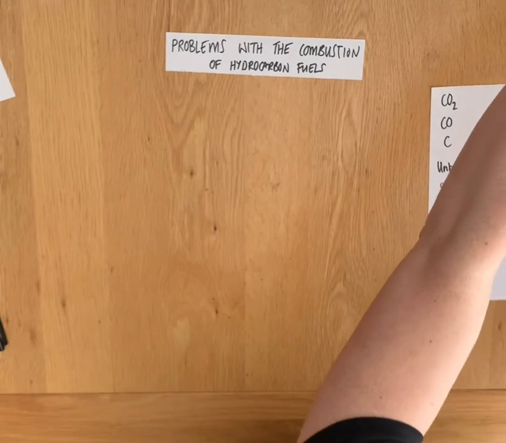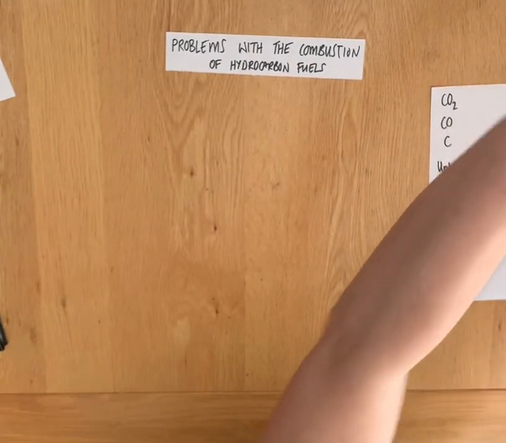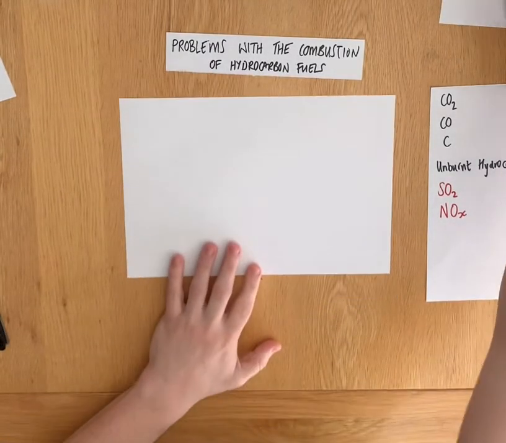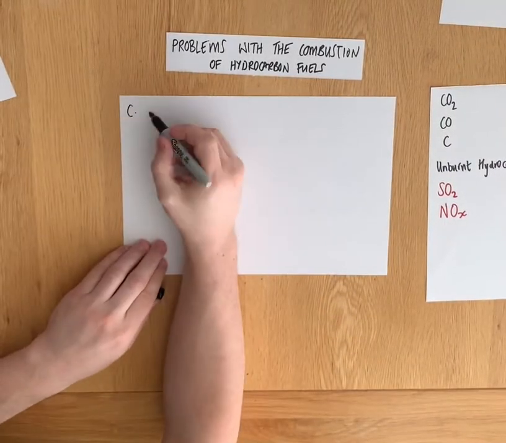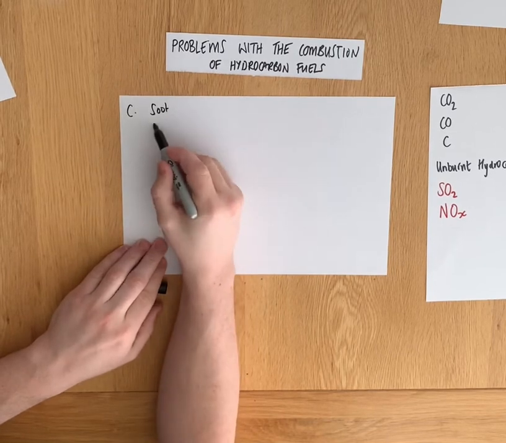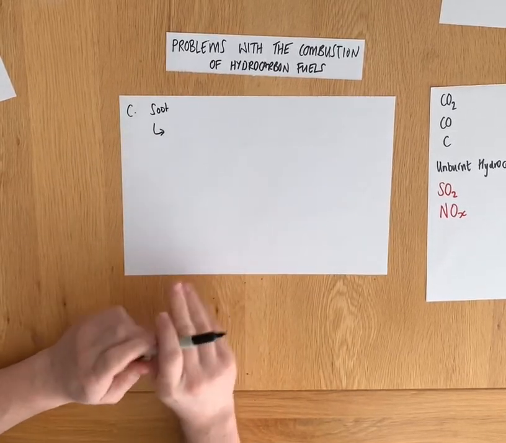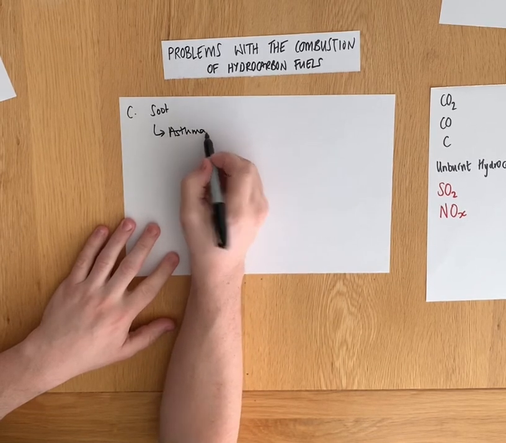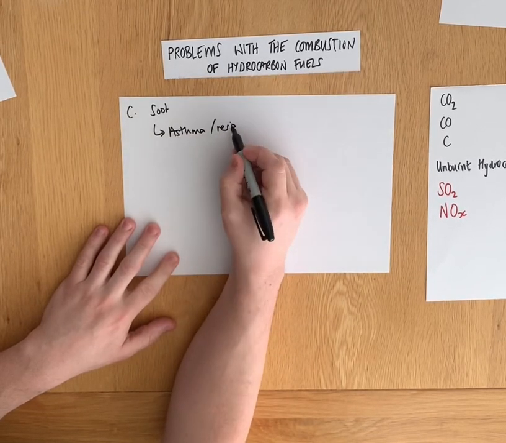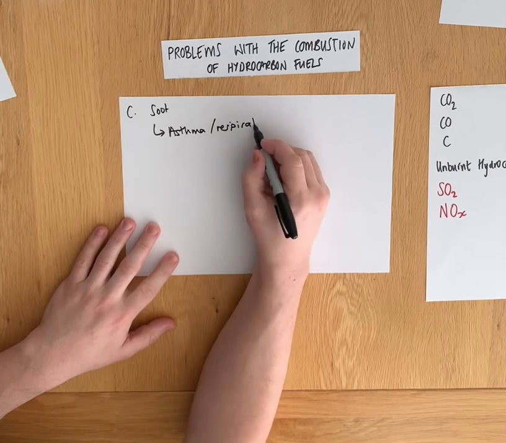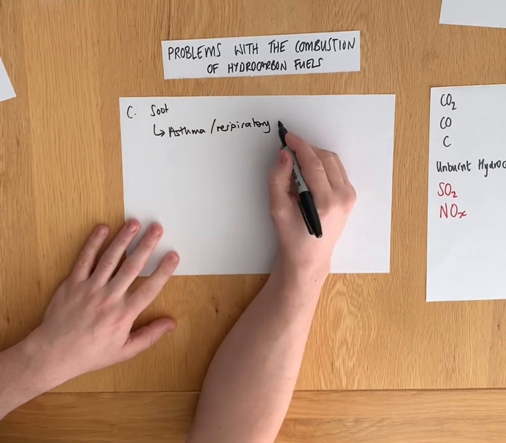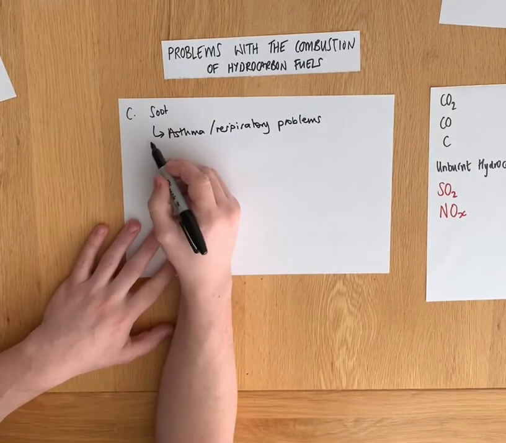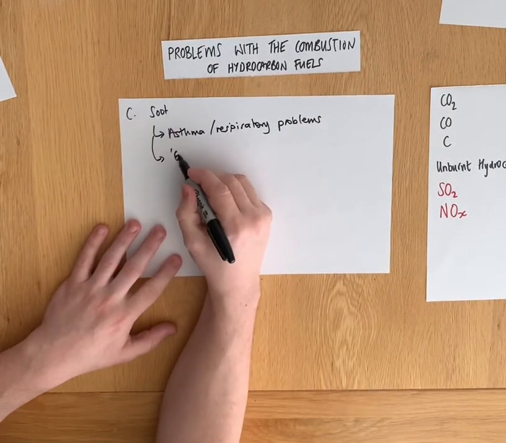Right then, the next one, carbon, aka soot. It can trigger respiratory problems, it can cause asthma attacks and other respiratory problems can be triggered by it. It also causes something called global dimming.